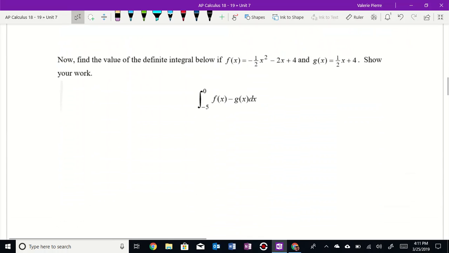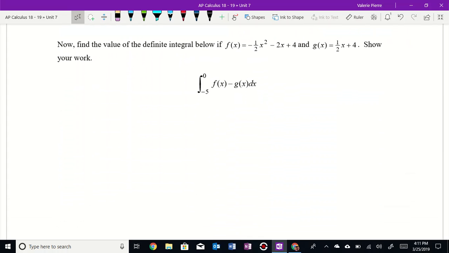Okay, so now we want to find the value of the definite integral below if f of x is equal to negative 1/2 x squared minus 2x plus 4 and g of x is equal to 1/2 x plus 4. We want to show our work for this.